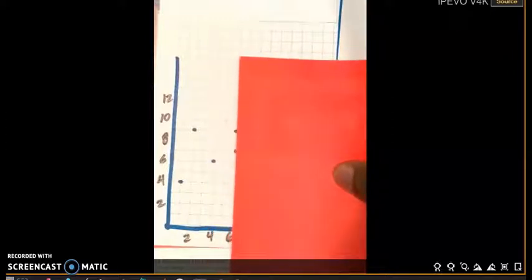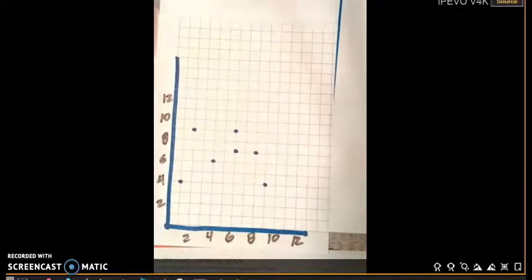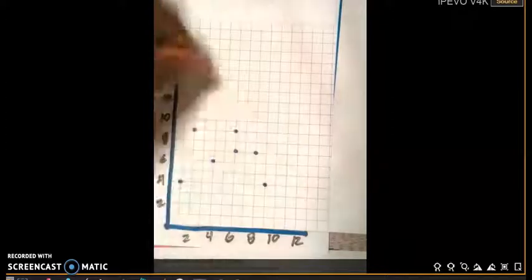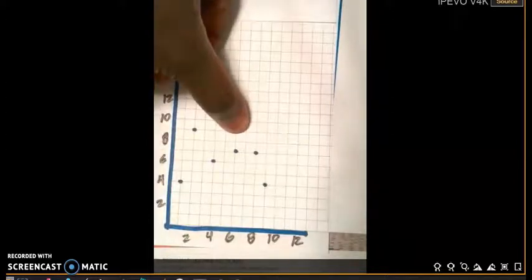Now what I'm looking for is to see whether or not there is a shared X value. And as I pull across, I now have 2 X values that are the same. Because I had 2 X values that are the same, of course I do not have a function. So what would happen if this was not here?